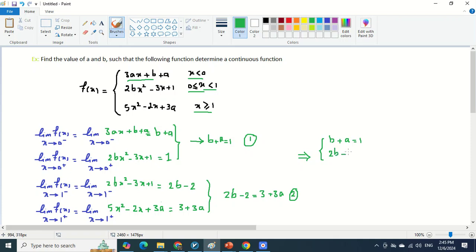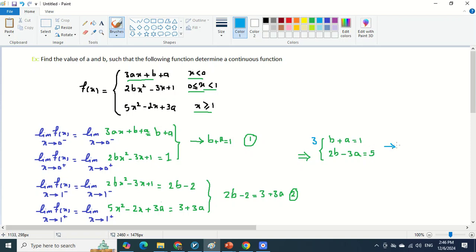2b minus 3a is equal to 3 at the right side and 2 also shifted to the right, and I have 5 at the right. So right now, to solve this one, we need to solve that system of equations. We only need to multiply the first equation by 3.